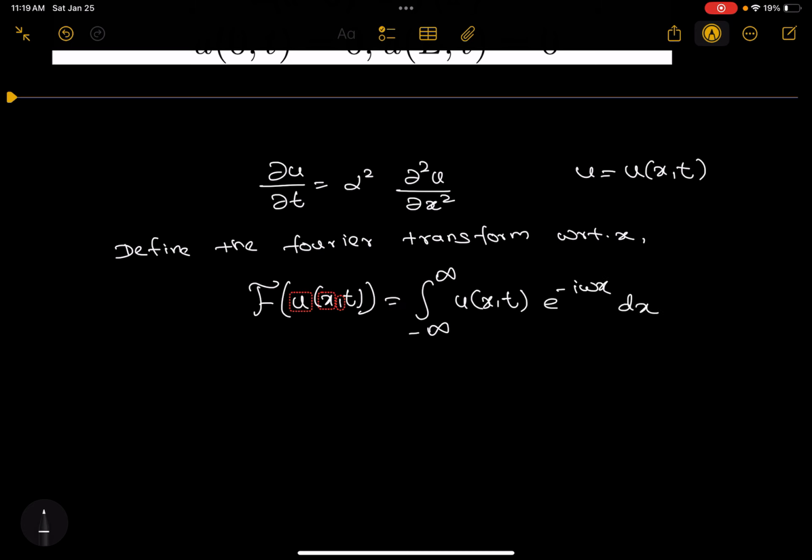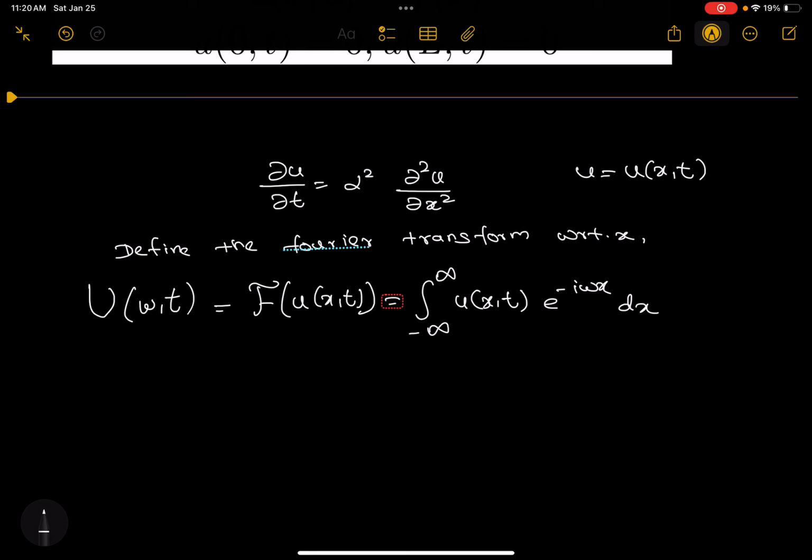We are defining it with respect to x, right? So this is the definition of the Fourier transform. And notice that after we do the integral, this function will be in terms of omega and t, right? So our Fourier transform, for small u, is capital U, a function of omega and t, right?